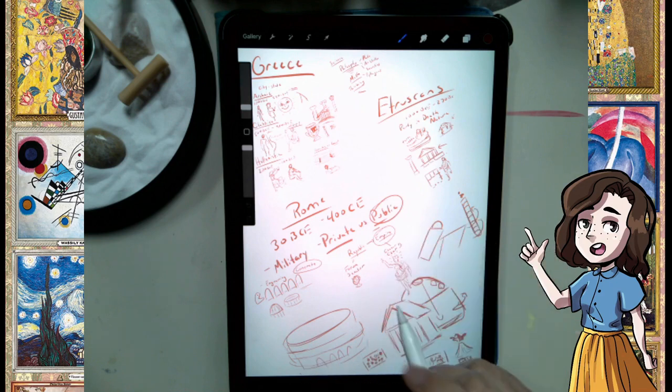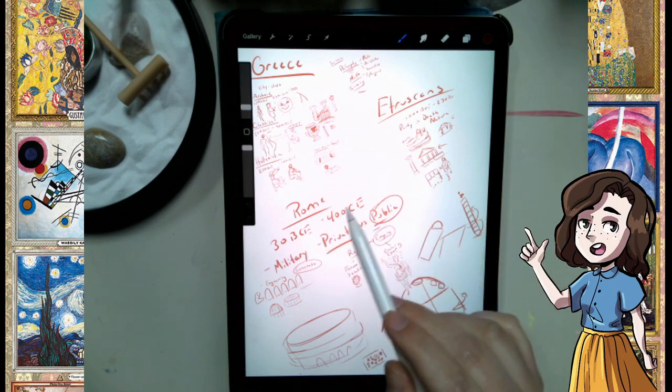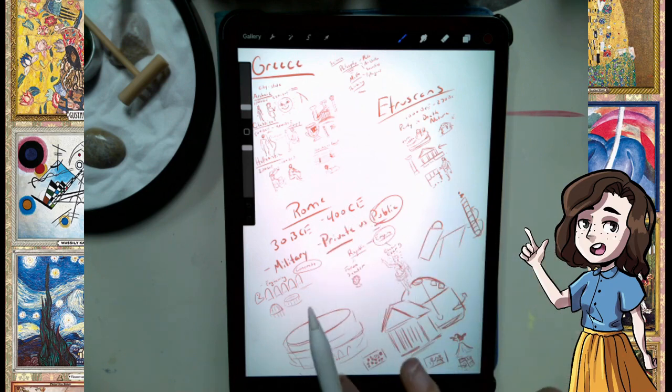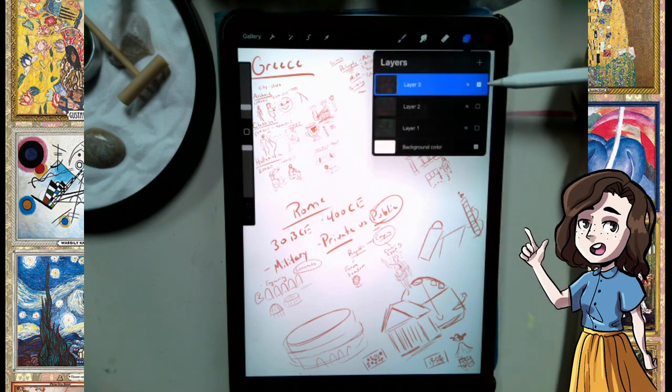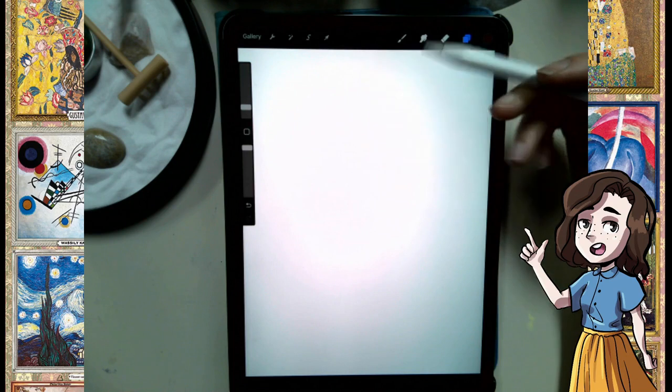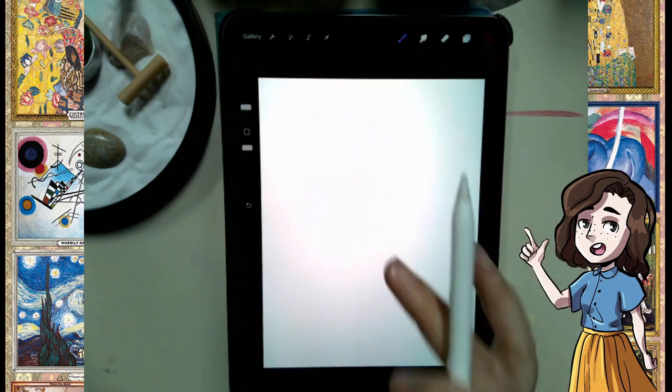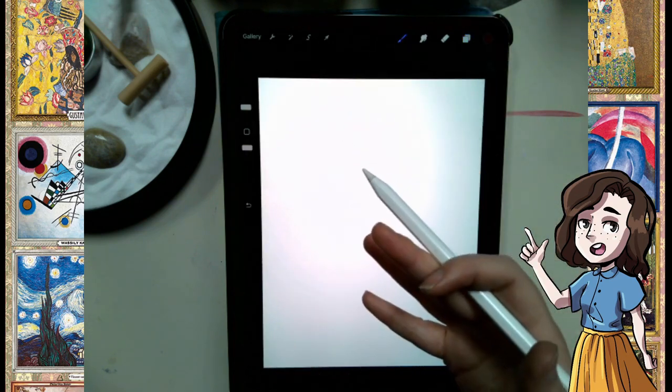So Rome, even though we have it ending here around 400 CE, people put the end of Rome at different years. 440 is one of those ones. We take Rome and we split it. Rome is going to fall, but it falls a little bit slowly.